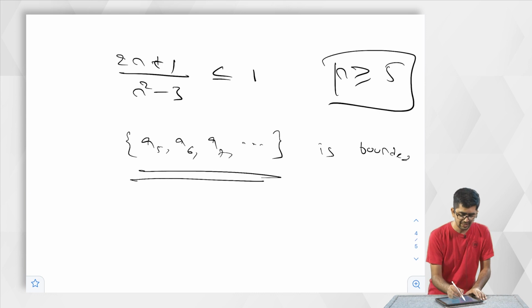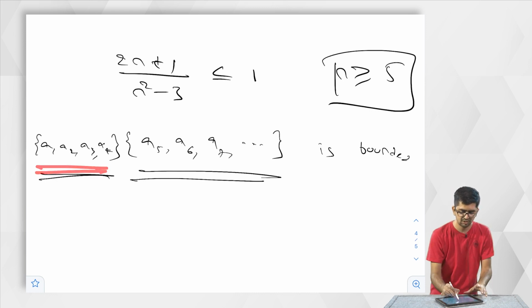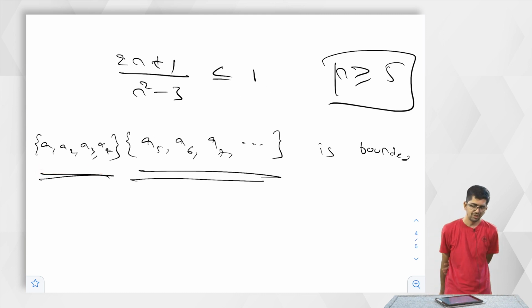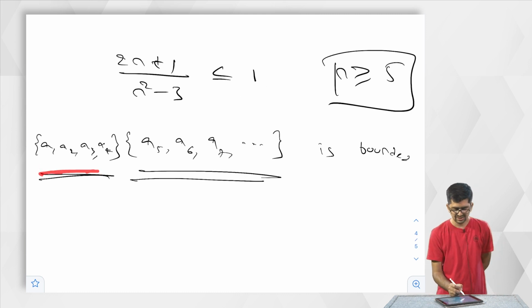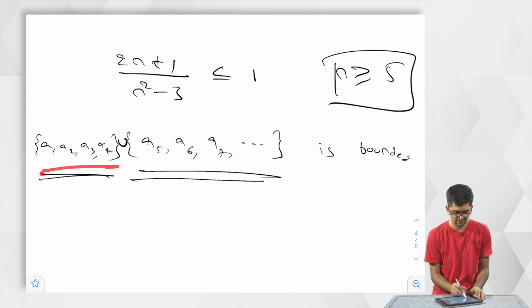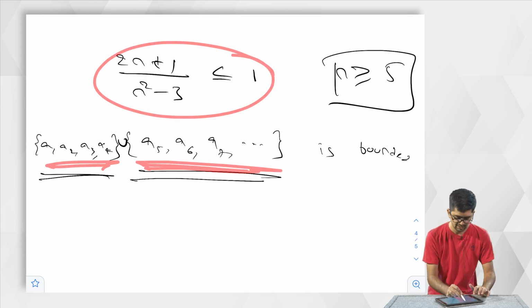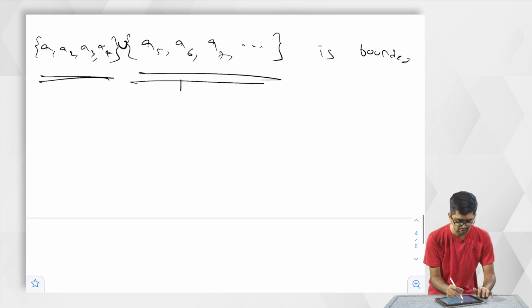Now, we do not know anything about the set A1, A2, A3, A4. These elements may not be bounded by 1, that is the problem. But any finite set is bounded. So this is a bounded subset because it is a finite set, and this one is bounded because of this condition. So the union of these two sets is a bounded subset, and the union of these two is simply A of n.